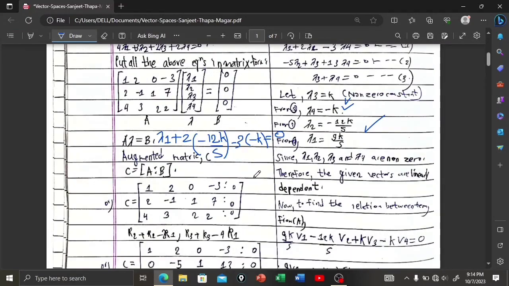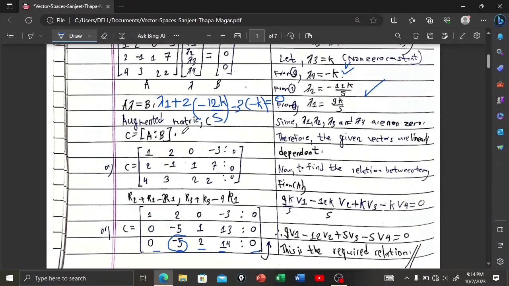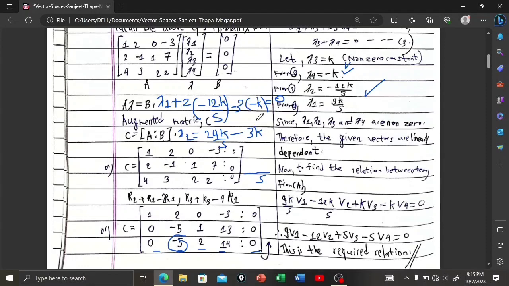So taking it to this side, lambda 1 equals 24k by 5 minus 3k, and taking 5 as LCM, it will be 24 minus 15, 24 minus 15 is 9, so it is 9k by 5.